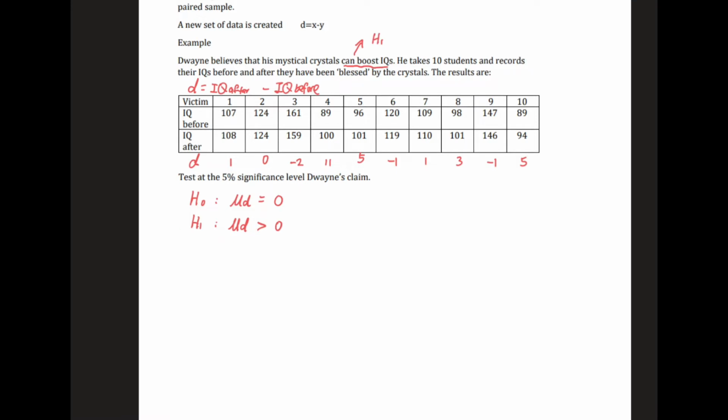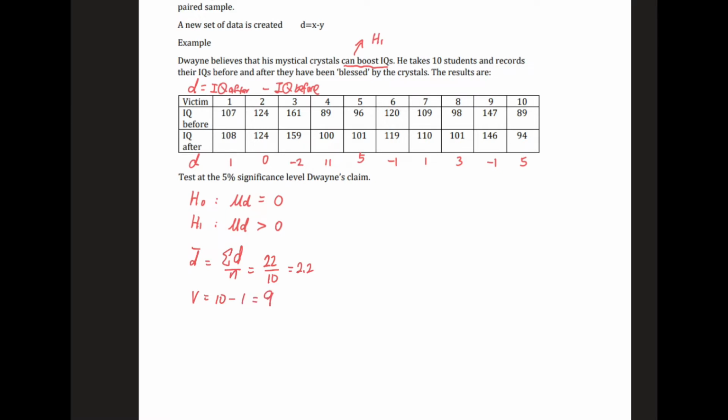So now let's continue. We just need to find the mean for the D. The mean for D is the sum of D divided by n. When you add up all the D's, we get 22 divided by 10, so we get 2.2. We have 10 data for the D, so the degree of freedom is 10 minus 1, which is 9.